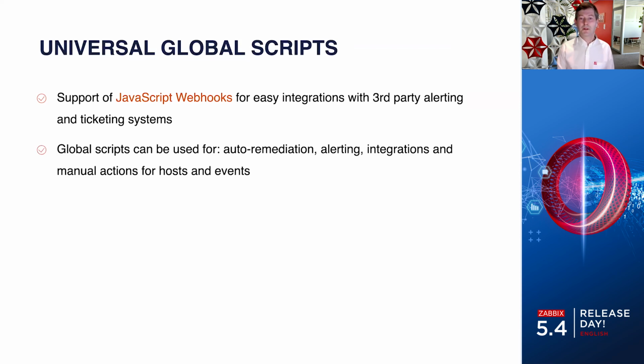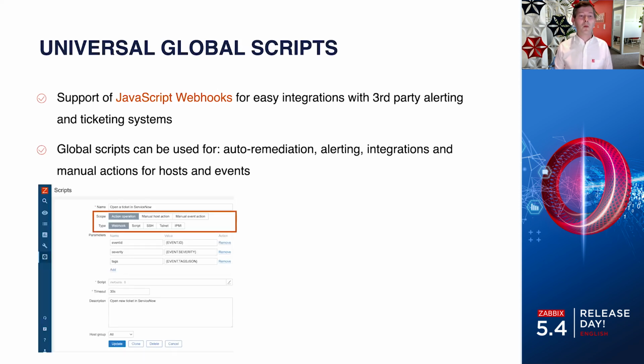And global scripts now can be used for everything: for auto-remediation, alerting, integration with third-party systems, and manual actions from the Zabbix UI. So basically, now when you define a global script, you tell Zabbix, okay, I want this script to be used only in action operations, for example, like in my example.